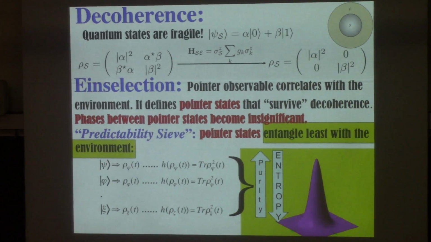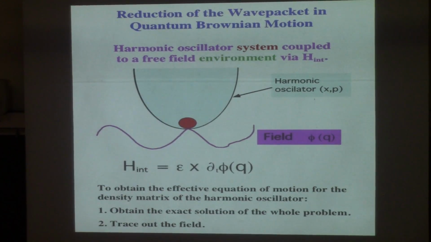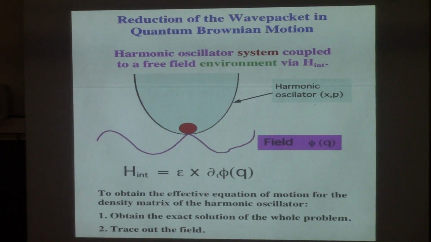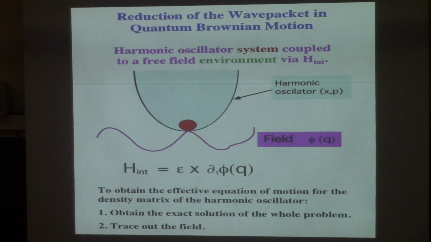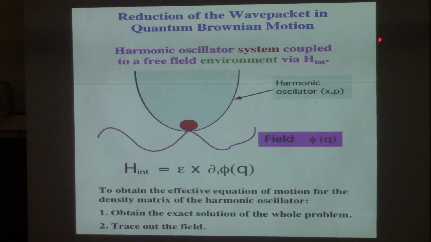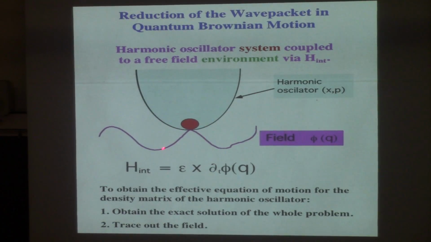states. Let me look at a very simple example which goes beyond our spin interacting with a bunch of other spins, and which is in some ways more realistic, but still exactly solvable. A harmonic oscillator interacting with a bunch of harmonic oscillators. Here I'm saying field, but field is really a bunch of harmonic oscillators.